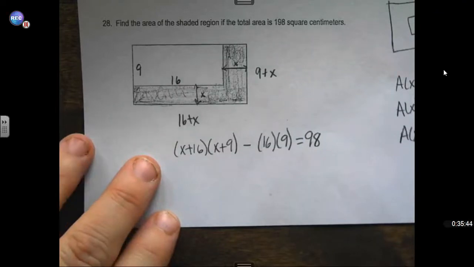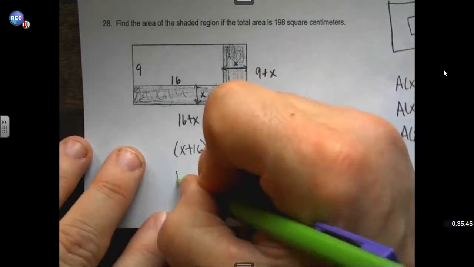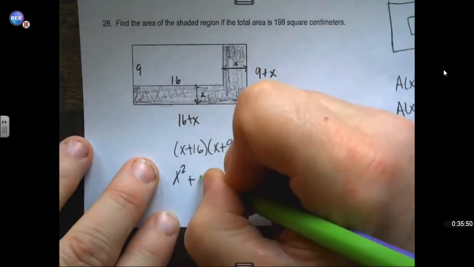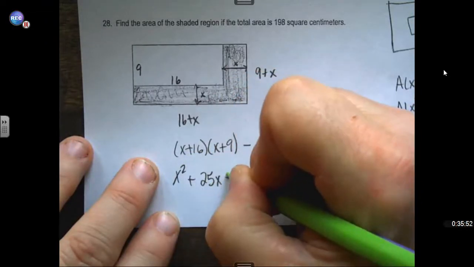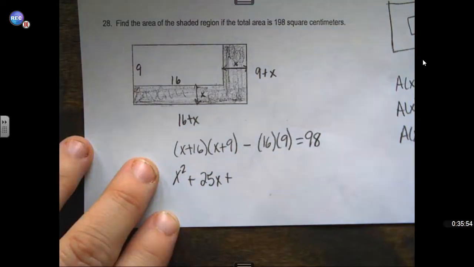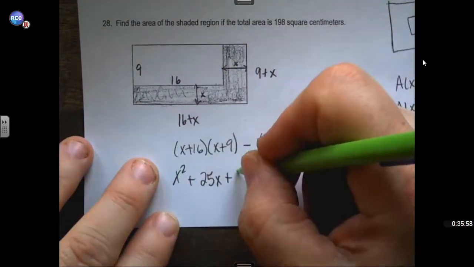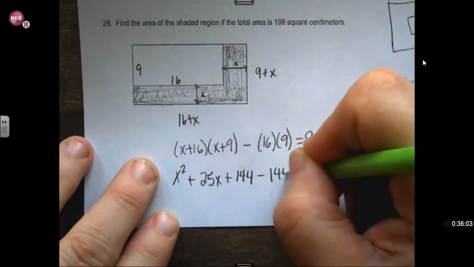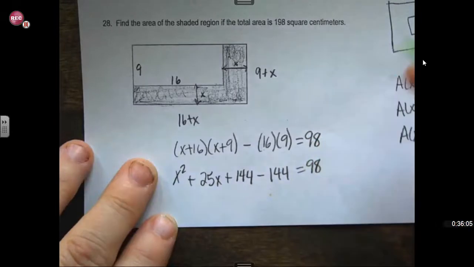So when I multiply this out, I get x squared plus 9x plus 16x, which is 25x, plus 16 times 9 is 144, minus 16 times 9, equals 98.